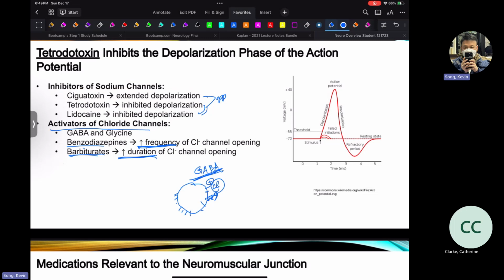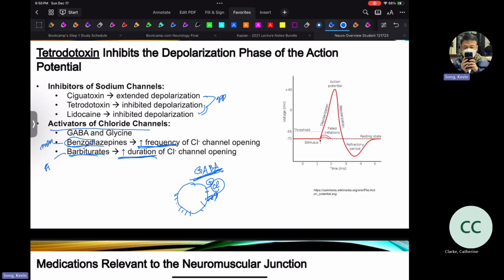The way you remember is this: benzo is kind of a man, right? And Barbie is a female, right? Men basically care about the number of times. I did 5 times last night in terms of sex, right? So that's what the man cares about. I don't care about the quality, I just care about the number of times. Oh yeah, that's really good, right?